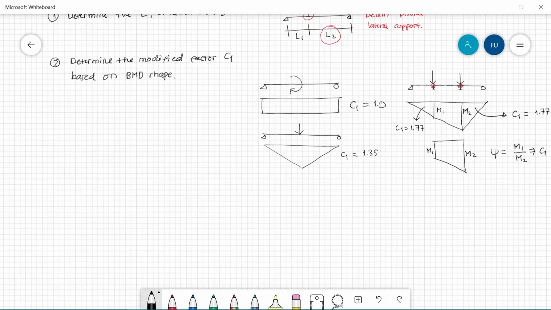Step number 3, calculate the elastic critical buckling strength, MCR.